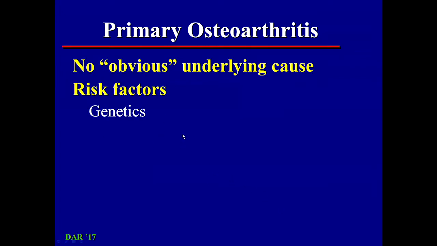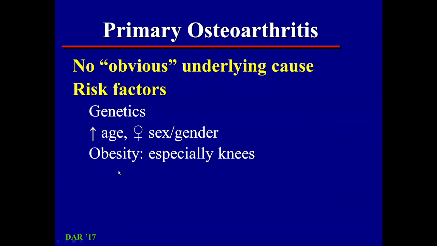Some of those risk factors include your family, genetics, so this tends to run in families. Older patients, women more than men get osteoarthritis. Patients who are obese, not surprisingly, get more osteoarthritis, although this is strongest in the knees. It's not clear, frankly, whether obesity leads to hip osteoarthritis or not.